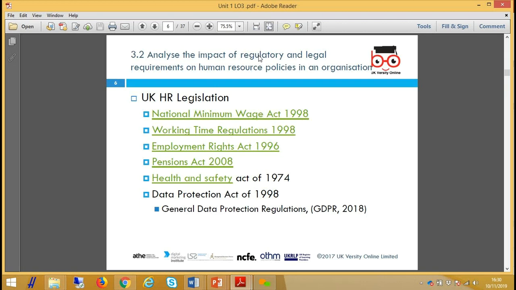So that's a typical example where both the employees will face legal consequences, and the company itself will face legal consequences, because the company has not sufficiently protected the personal data.